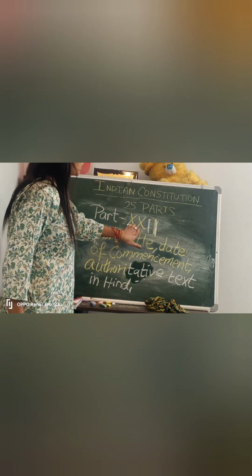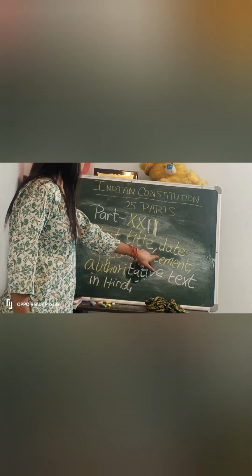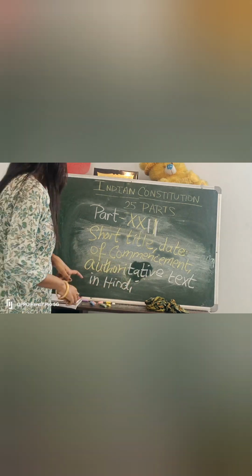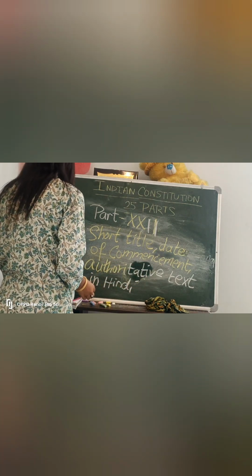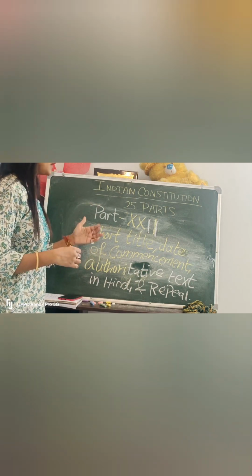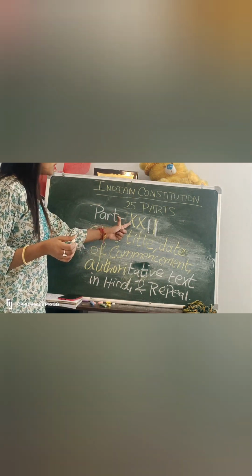So part 22 is short title, date of commencement and authoritative text in Hindi. And repeal is also there under this. Repeal is where we can correct an article that has become wrong. That comes under part 22 of the Indian Constitution.